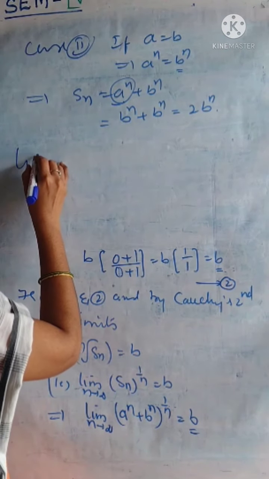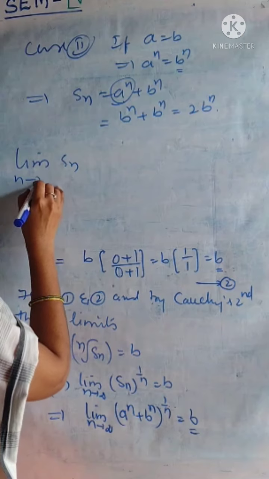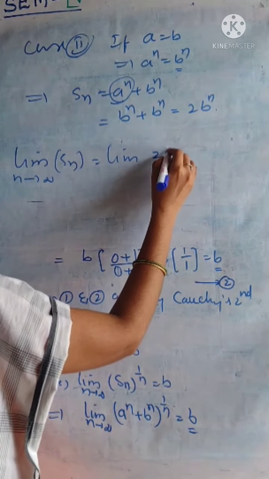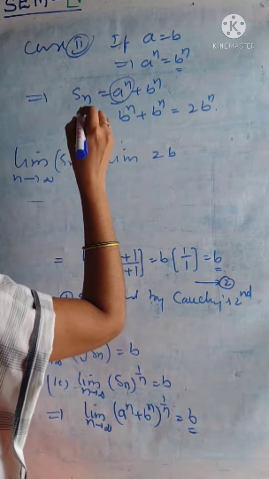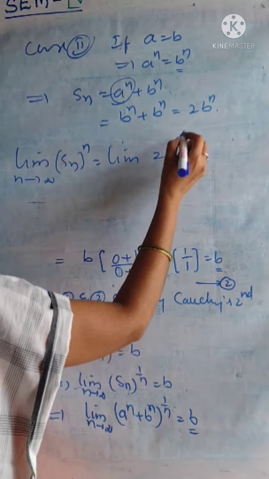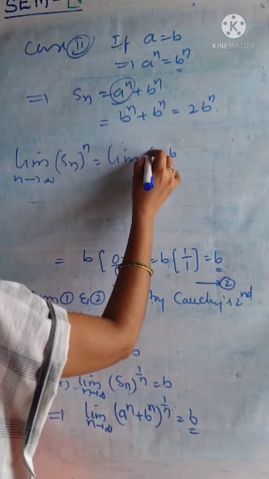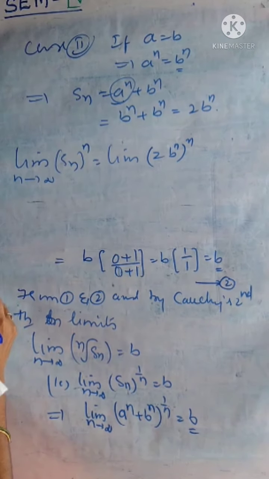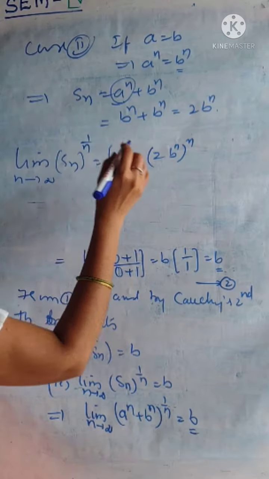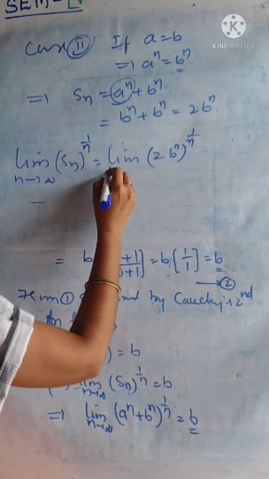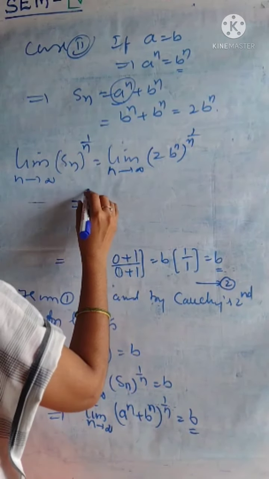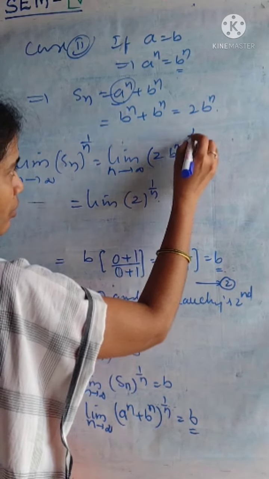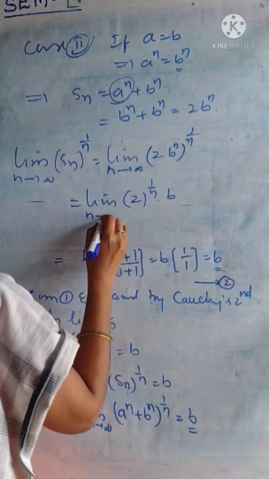Now the limit of Sn^(1/n) when n tends to infinity. Its value is (2b^n)^(1/n). What is the question asked? Power 1/n when n tends to infinity, which is equal to the limit of 2^(1/n) times b, as b^n to the power 1/n gets cancelled.